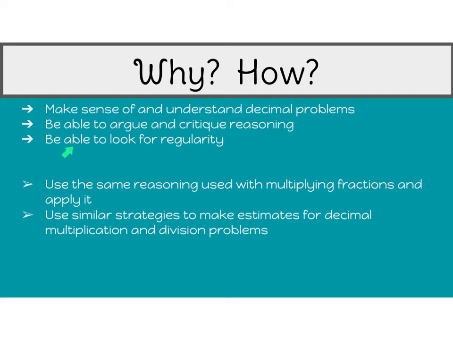We also need to be able to look for regularity. How we're going to do this today is we are going to use the same reasoning that we used when we were multiplying fractions and apply it. We're going to use similar strategies to make estimates for decimal multiplication and division problems.